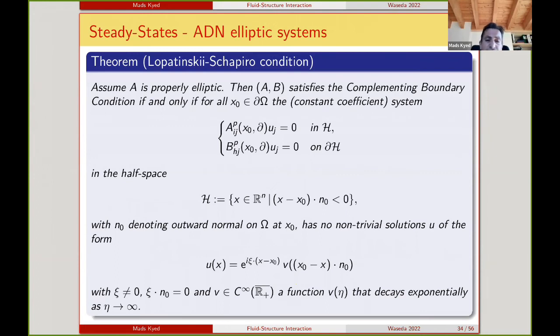Basically it says that if you consider your elliptic system in a half space, and you can show that there are no non-trivial solutions of the type you see here, with an oscillating term e to the power i xi dot (x minus x naught).